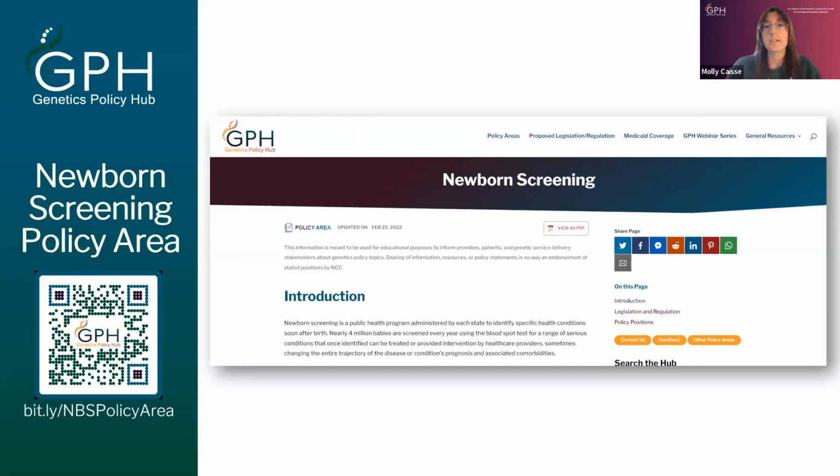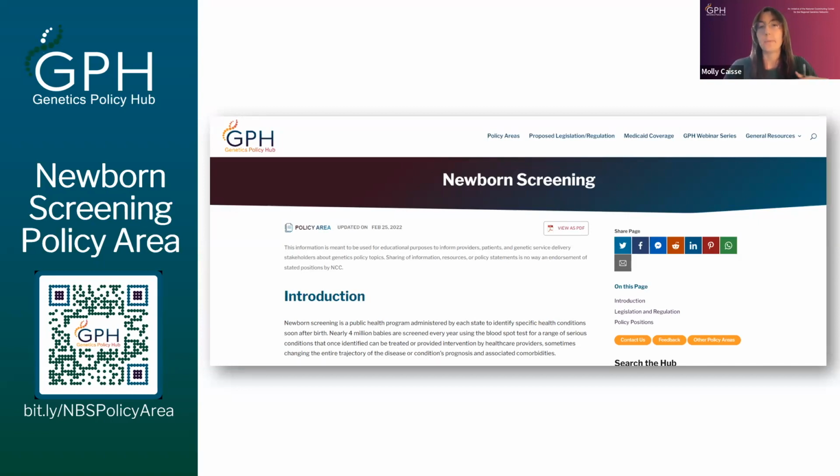So as I mentioned on previous slides, this is an example of one of the tools on the Genetics Policy Hub website. This is one of the policy area pages for newborn screening. Each page for each policy area is structured similarly, and it includes short briefs that describe why a certain topic is a policy concern for the genetics community.